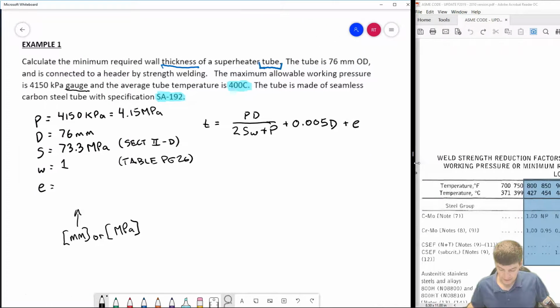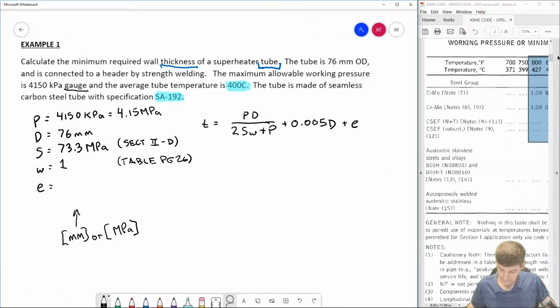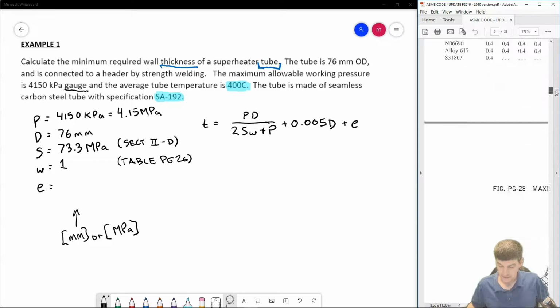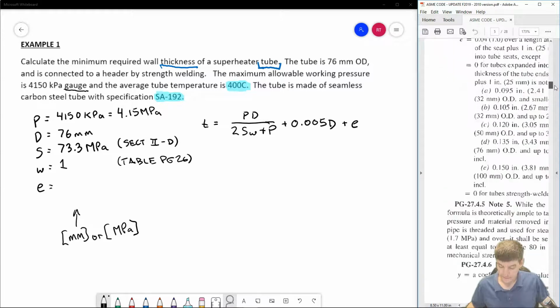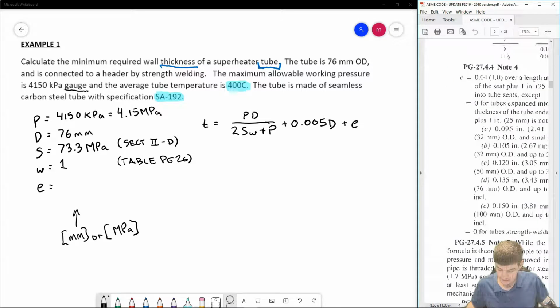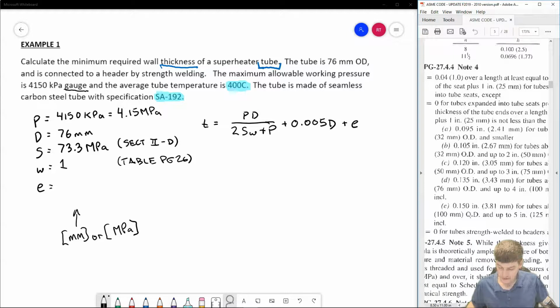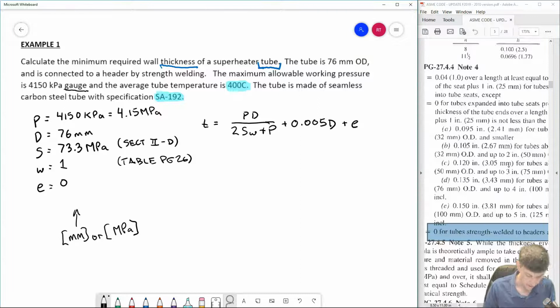And then the last thing that we would have would be E, and E is the expanded ends. Okay, and since this material was strength welded, we have a value of 0 for E, and that is 0 as it is strength welded.